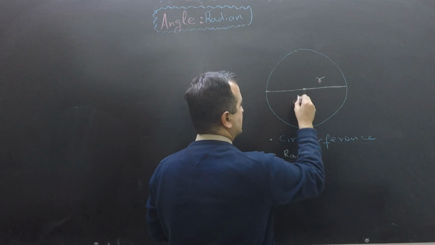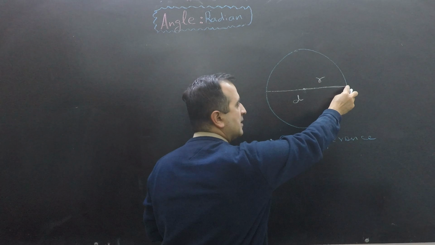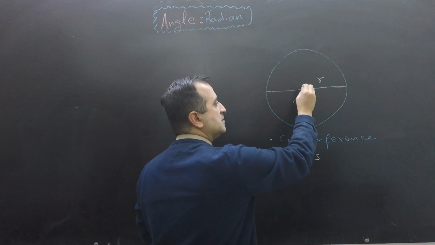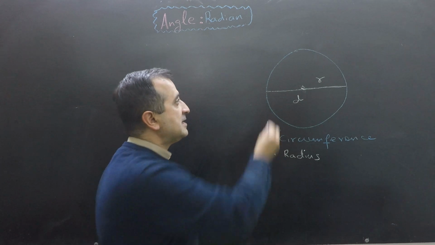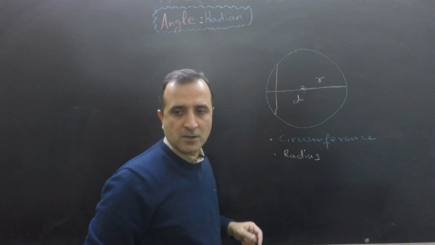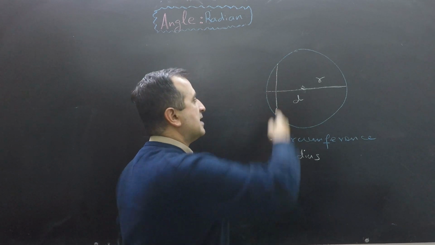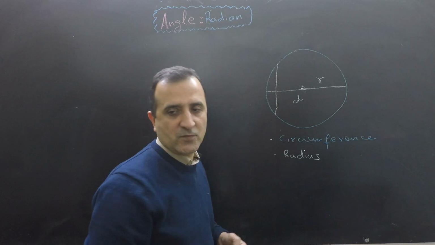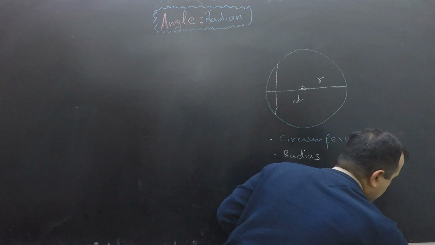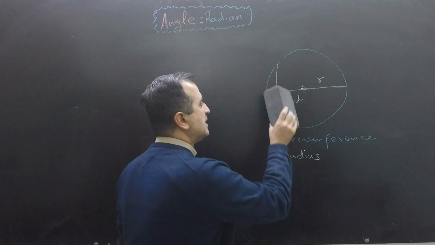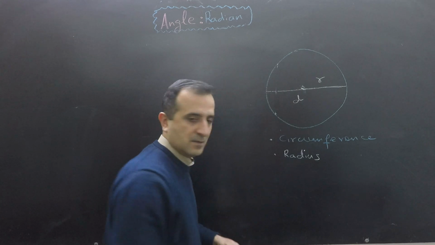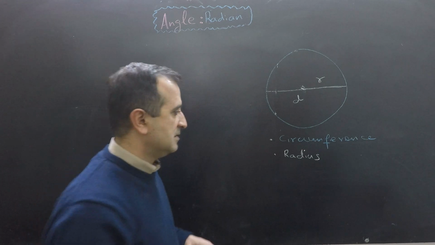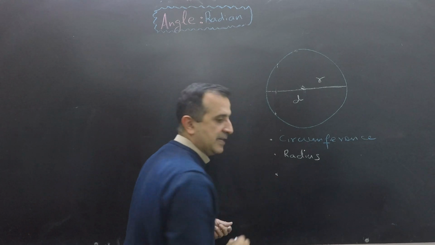So this is our diameter from this part to this part, as long as the line is passing through the center of the circle. If this is the diameter? No, because this line has not passed through the center of the circle, right? So the diameter is 2 times the radius.